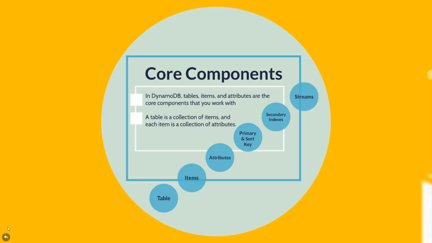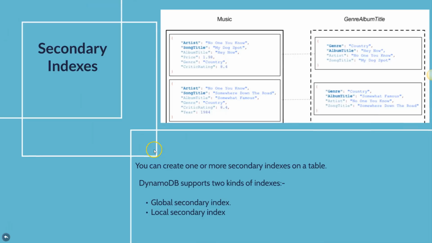Now we will talk about secondary index and streams. What is meant by secondary index in DynamoDB? You can create one or more secondary indexes on a table. A secondary index lets you query the data in a table using an alternate key, in addition to queries against the primary key.